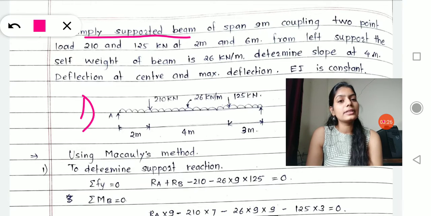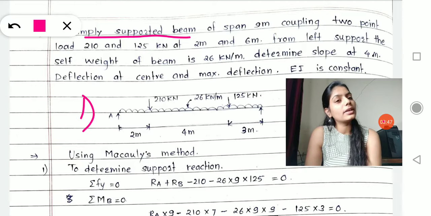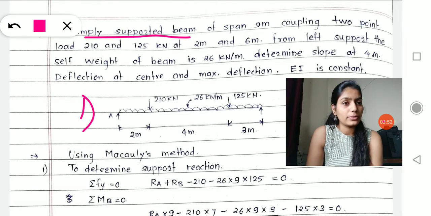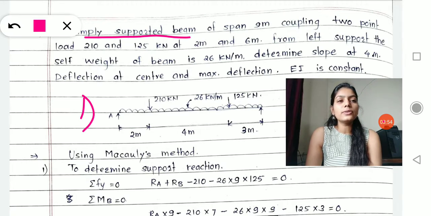The next step is writing the general equations after substituting the values of constants. The last step is applying your conditions. Where they ask for a slope or a deflection, put those values in the general equations, where x will be 2, 4 according to your problem. Once you put those values you will be able to calculate deflection as well as slope, right?